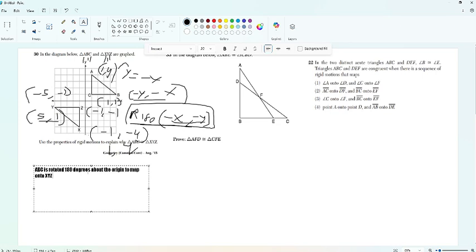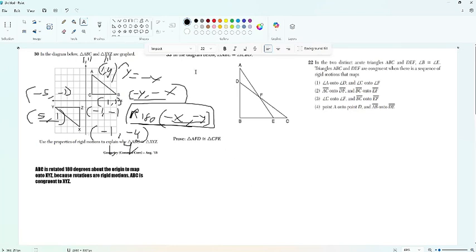Remember to put the symbols or else you're going to fail. And because rotations are rigid motions, as I've said many times, triangle ABC is congruent to triangle XYZ, which is what the problem asked for.